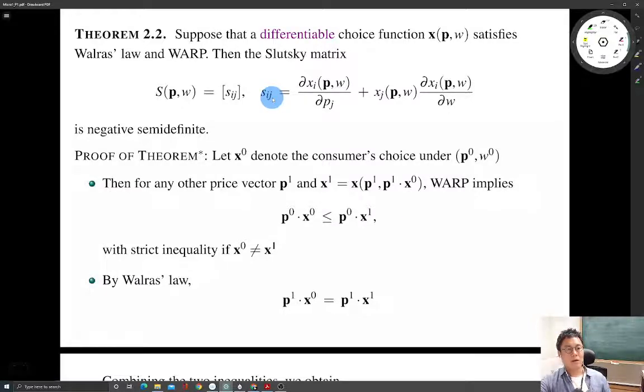And by the Slutsky equation, this substitution effect can be expressed as the total effect on the demand for good i minus the corresponding income effect. Now we are going to show that this Slutsky matrix, consisting of these entries, is negative semi-definite.